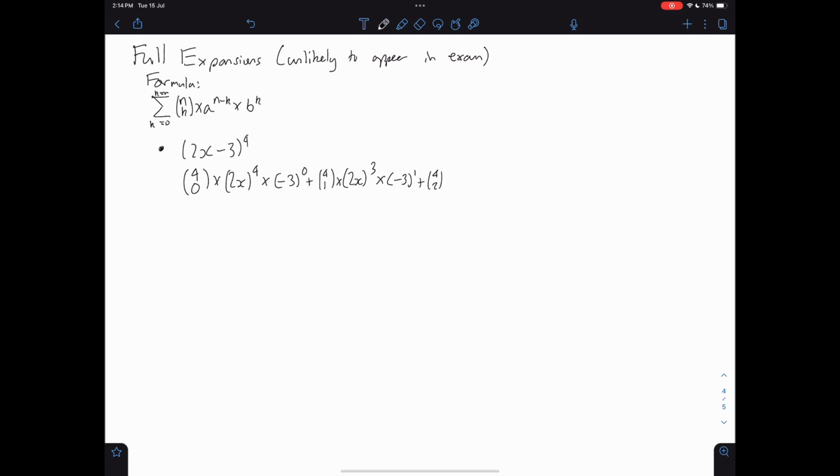And then we keep increasing the k as we go along, and we keep decreasing the power of 2x and increasing the power of minus 3 as we go along. So we're choosing one more each time, and we're reducing the power of 2x by 1 each time and increasing the power of minus 3 each time.